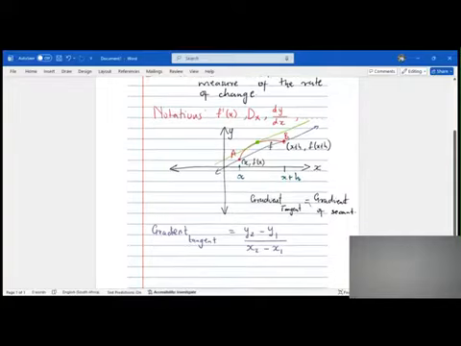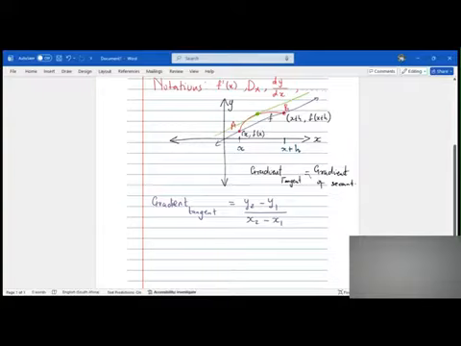Then we are going to try and substitute this. So this will then be f of x plus h minus f of x, and this will all be over your x2 minus your x1. So that's what we have there.